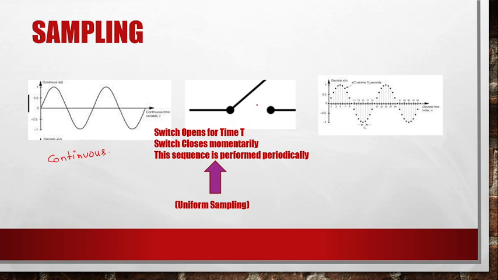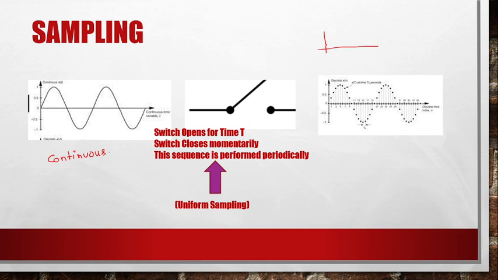When I am opening the switch, no information is transmitted to the other end, so at that time no signal is present. But when I am closing the switch, at that duration a certain amount of signal is going. The magnitude of the signal is passed through this switch to the other side.